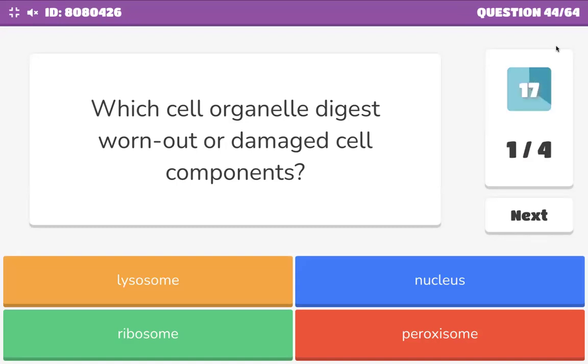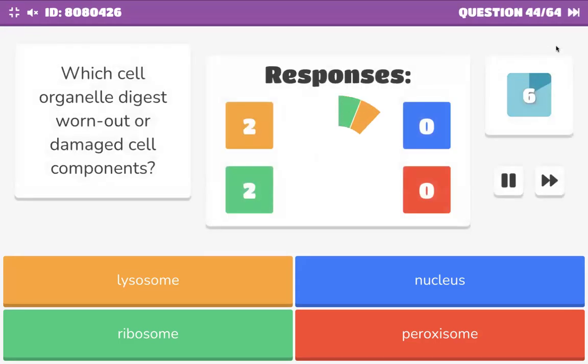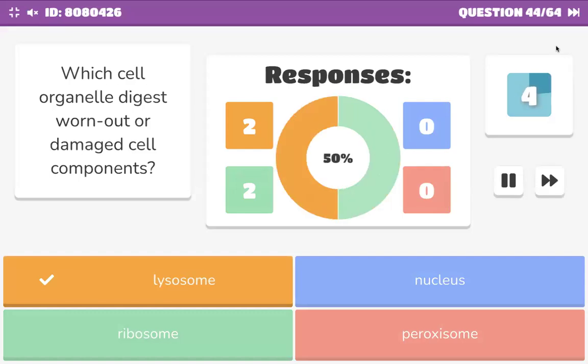Which cell organelle digests worn out or damaged cell components? Lysosome.